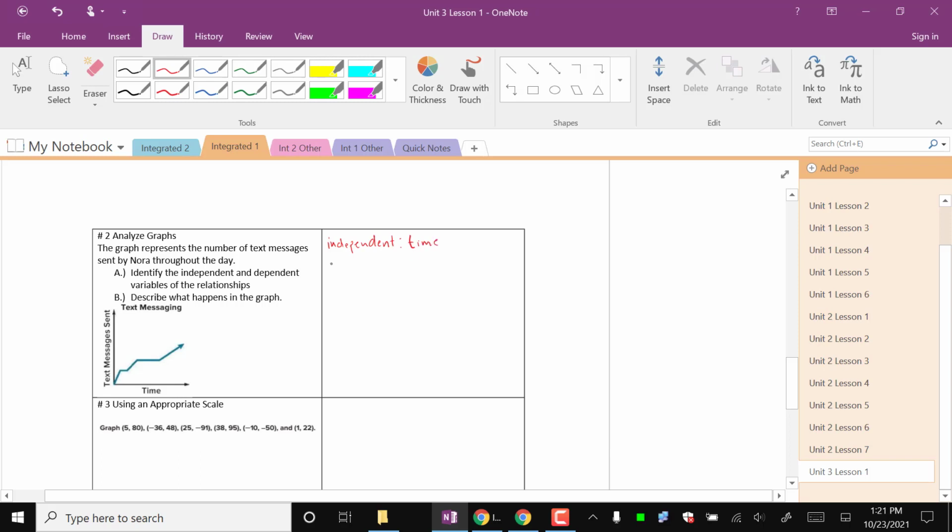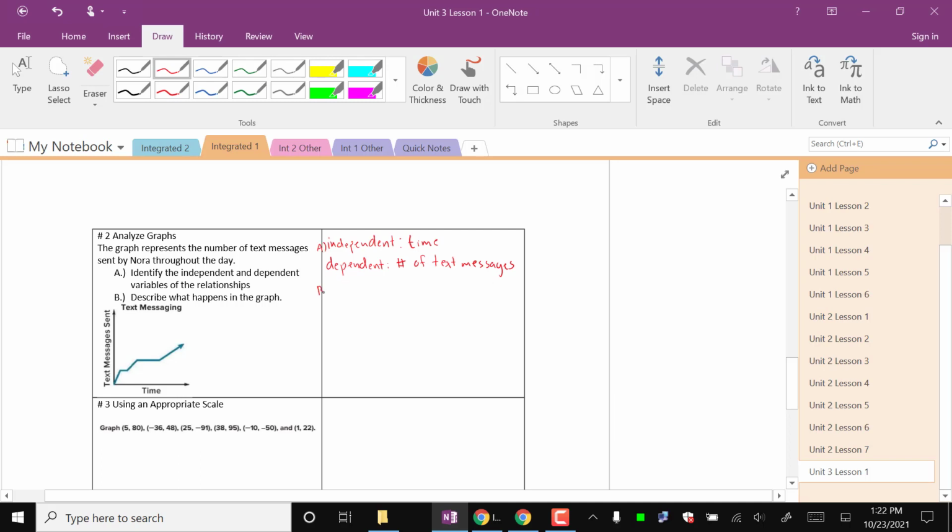The dependent, that's the one that's connected to the independent. That's going to be number of text messages sent. So that's part A.